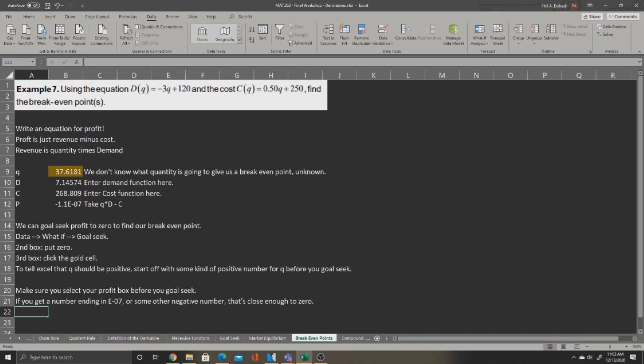Those of you who might have taken chemistry or physics at some point might recognize that this is scientific notation, and E negative anything means a really, really tiny number. So we can say that our break-even point is where our Q is 37.6. So we'll say 37.62, just cut it off at 2 decimal places.